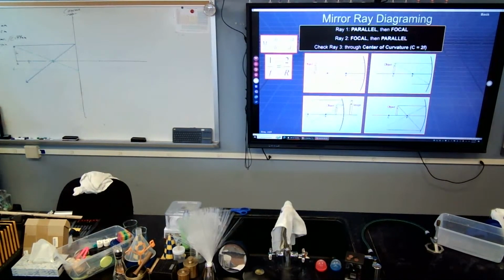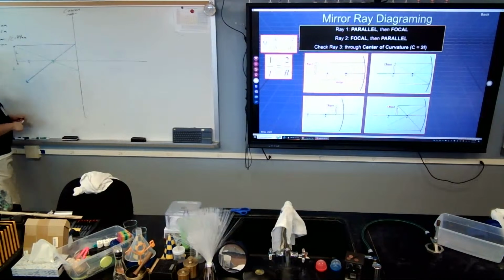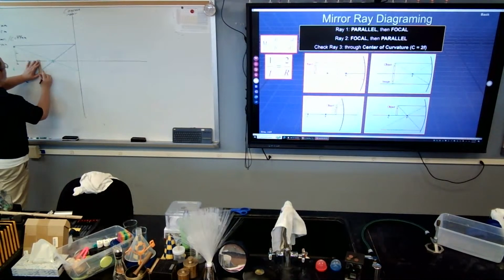Okay, so it clearly indicates that we have an image right there. I'm going to need a ruler, because for small things I need a ruler. So we're going to draw our image. The image will be anchored to the principal axis, like so.